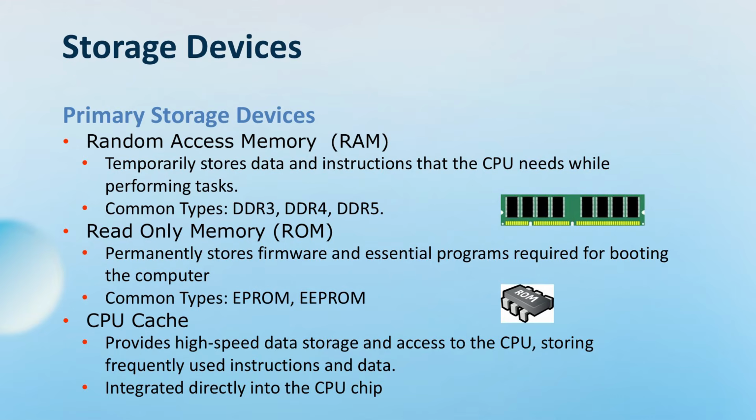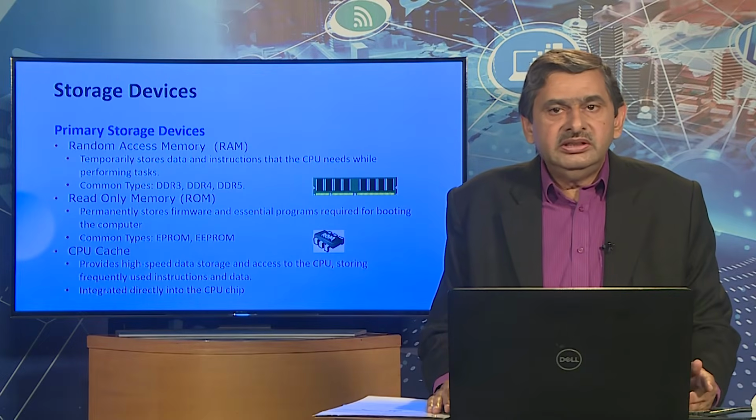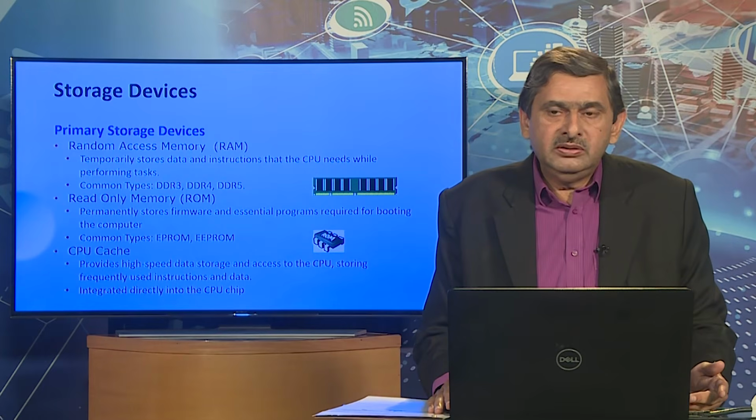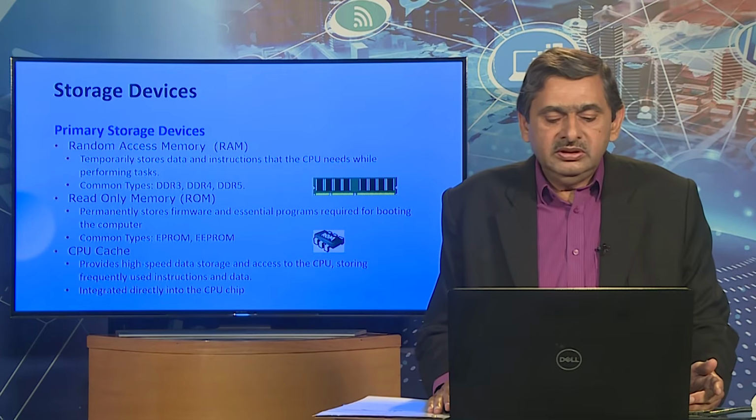EPROM stands for erasable programmable read-only memory, and EEPROM stands for electrically erasable programmable read-only memory. When data and instructions need not be changed, we use EPROM, and when they are required to be updated, we use EEPROM.